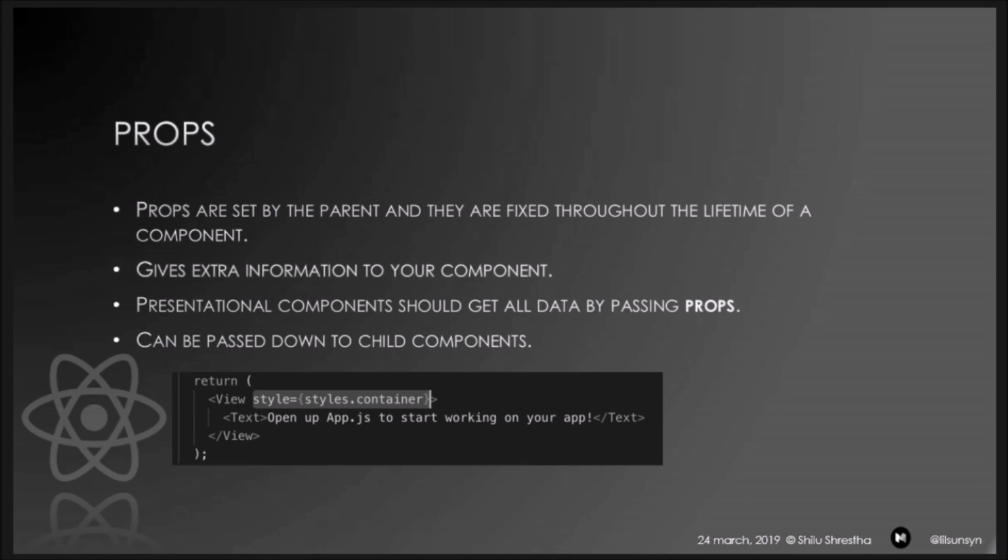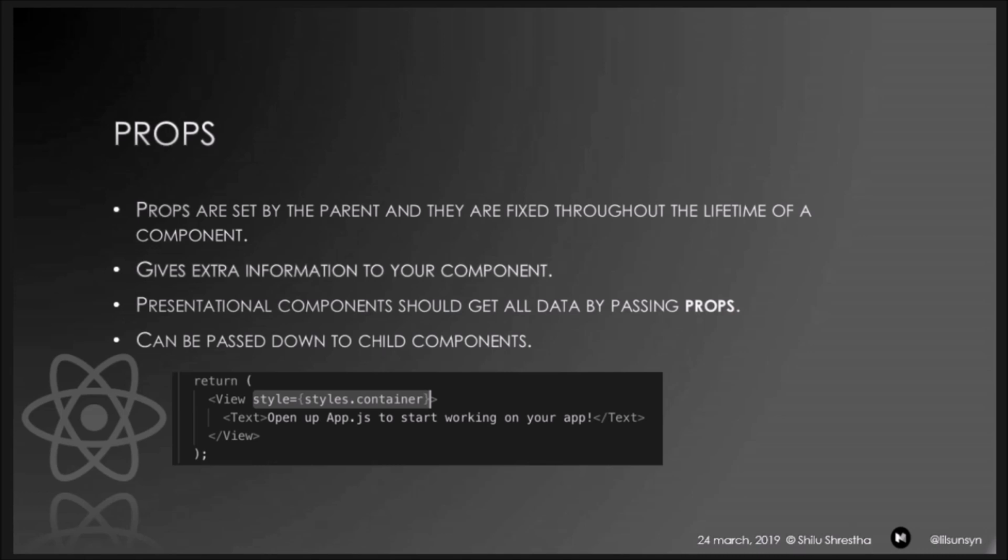That is a property which will be passed through by its parent or anywhere, but my component will be ready to take the name wherever, whenever it is passed. So that's the good part of it. It gives us extra information to our components, and basically we write props in presentational components. So like I said, in dummy components we just pass our props into it.